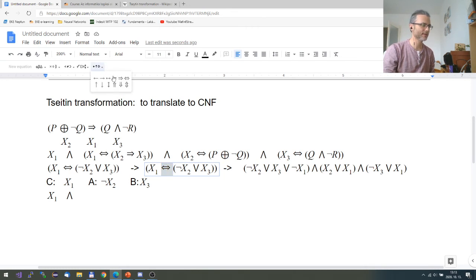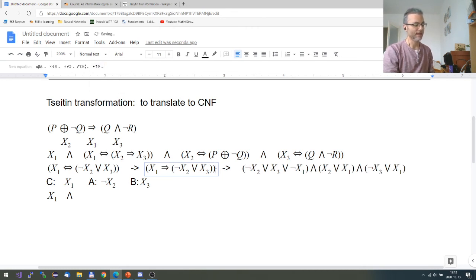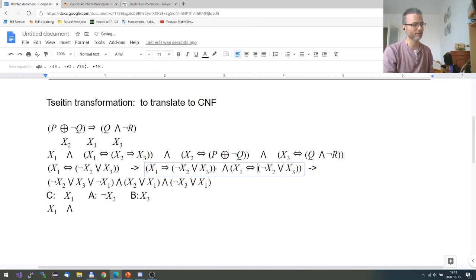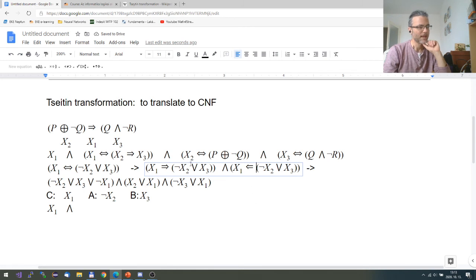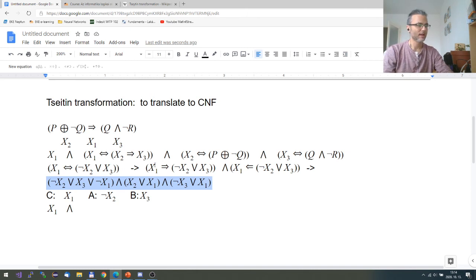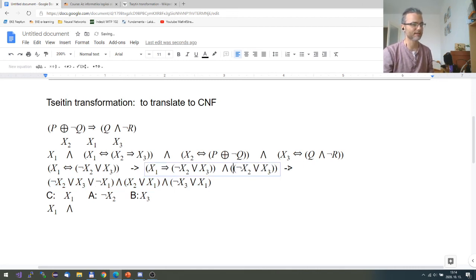So this first implication and this other implication, where the direction of the implication is right to left. And basically what I did after that, by using the table, I just translated those two implications to CNF. This second implication is not very nice like this, so it should rather be written like this.